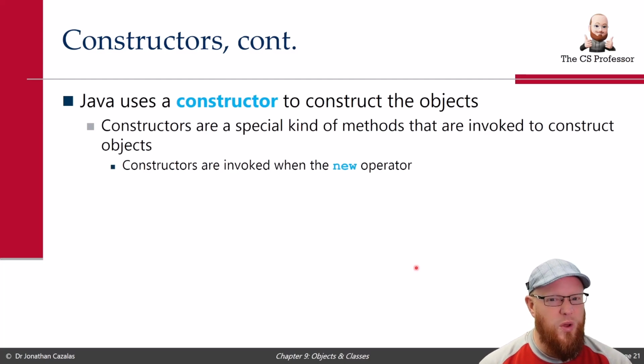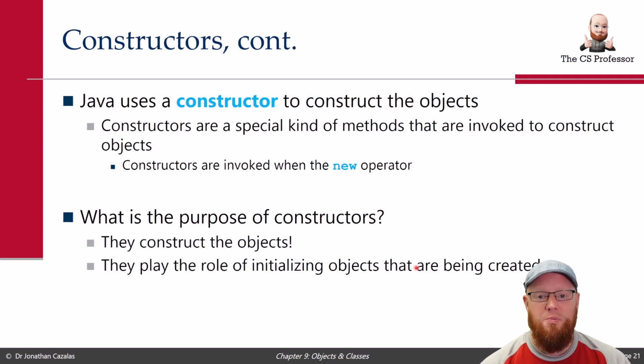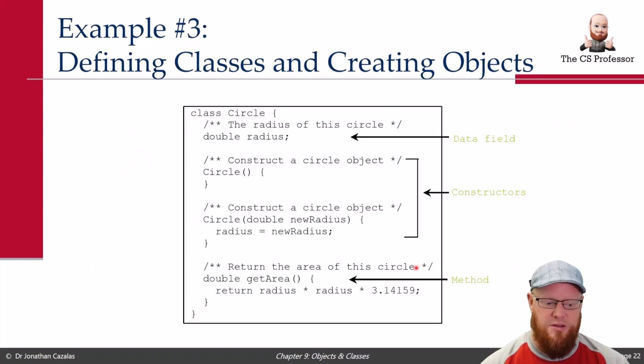Think of it as a special kind of method that is invoked to construct our objects, and they're specifically invoked anytime you see the new operator. One more time, what's the purpose? The purpose of constructors is to construct our objects. They play the role of helping to initialize the objects that are being constructed.